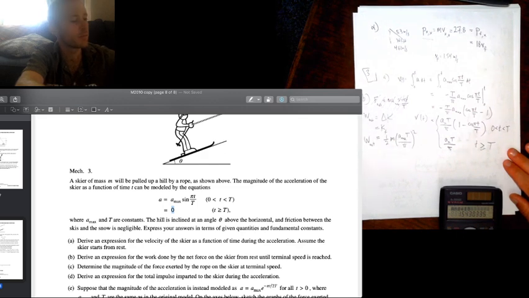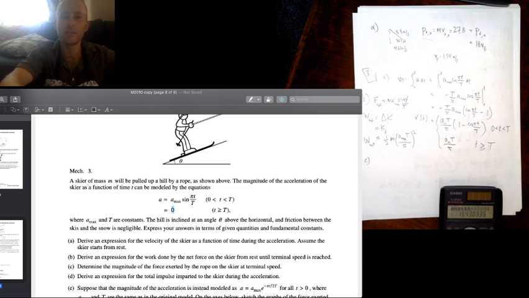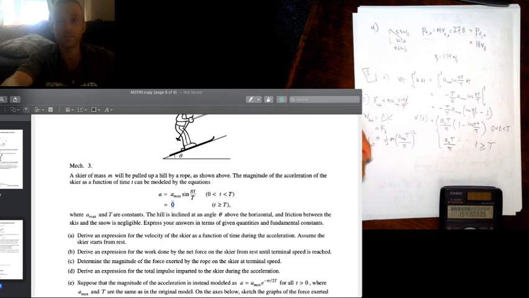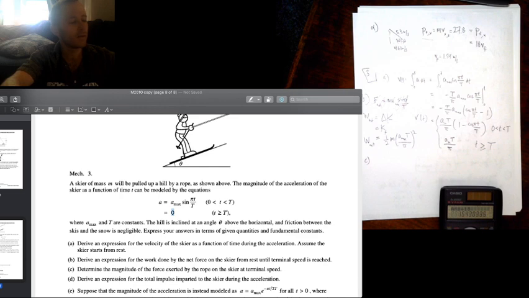Okay. Part C, determine the magnitude of the force exerted by the rope on the skier at terminal speed. So we've got the component of the weight force that's going down the incline, which is mg sine theta, and the rope is what is pulling it up the incline.